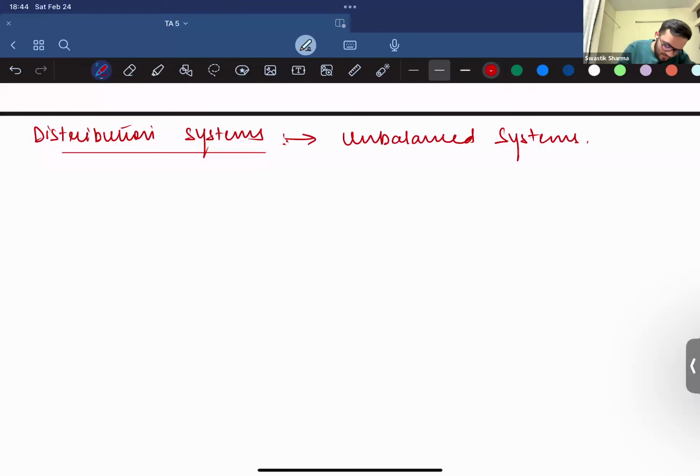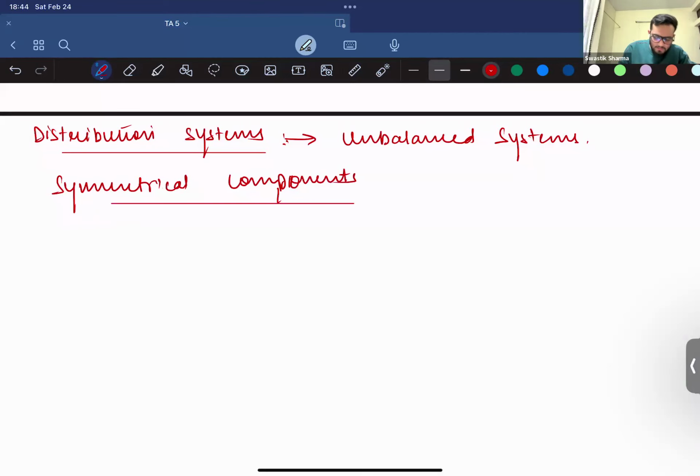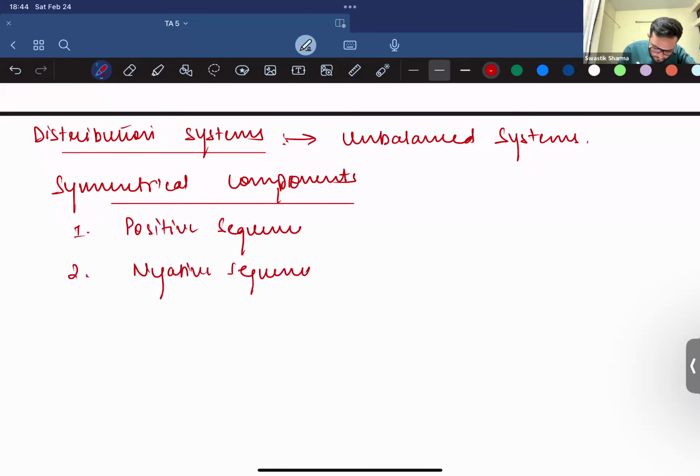What are these three symmetrical components? You decompose these unsymmetrical, unbalanced voltages and currents into three components. One is positive sequence, second is negative sequence, and third is zero sequence.